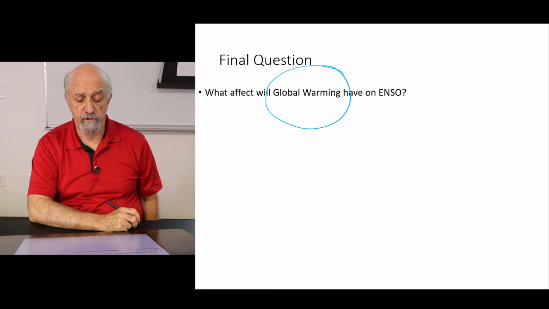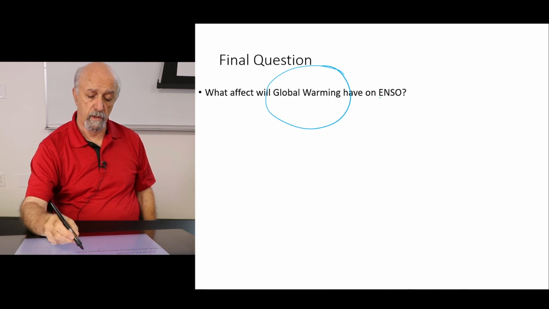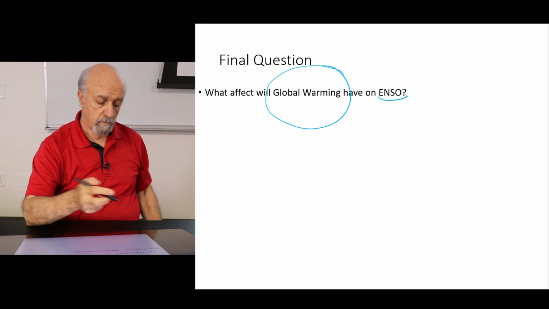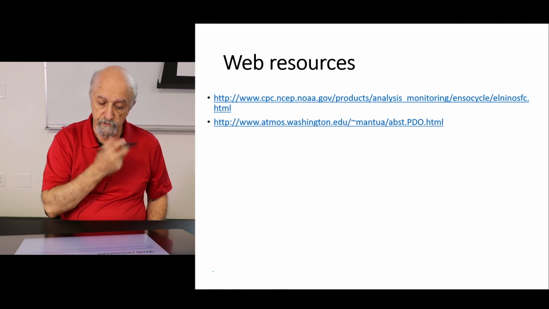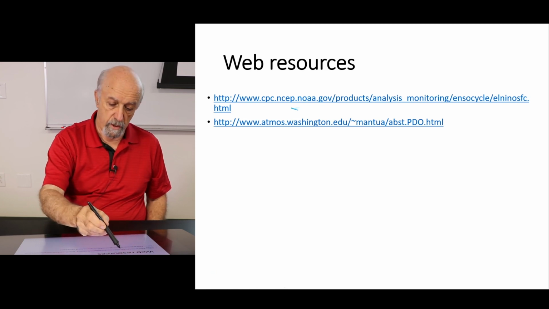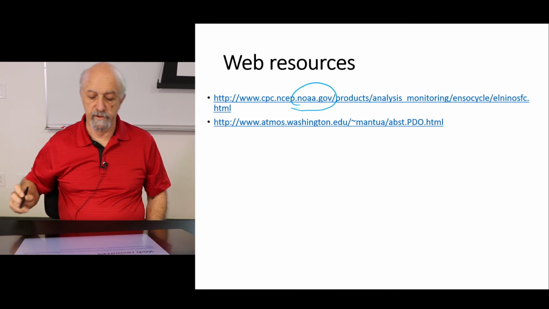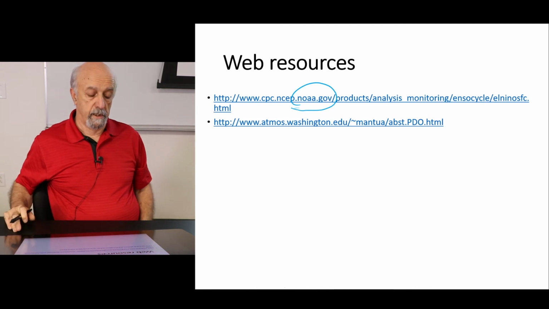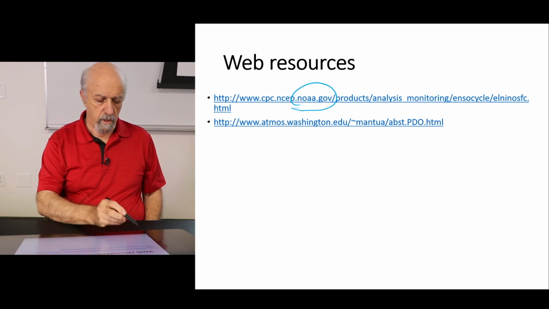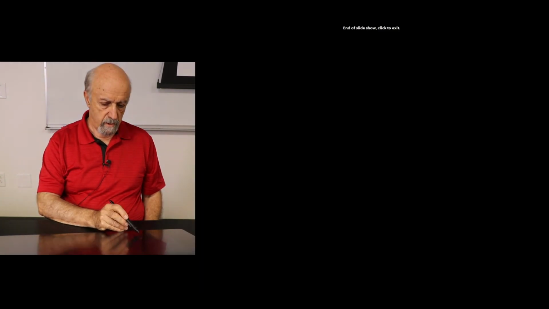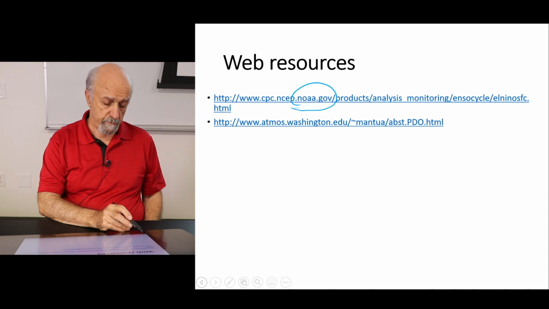We already have it, so you know what's going to happen with the El Niño southern oscillation. Well, we'll see. Some references in here, some web resources. By all means, I recommend you to go to NOAA for anything related to El Niño. It's a very good source, up to date, and it's quite important.